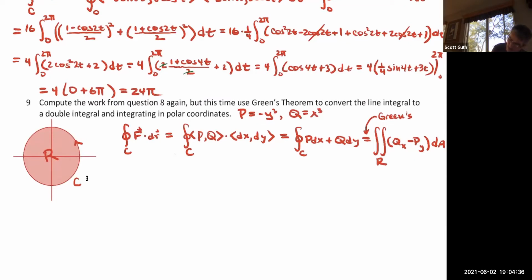So here we'll say double integral over R of Qx minus Py. That's going to be 3x squared minus negative 3y squared dA.